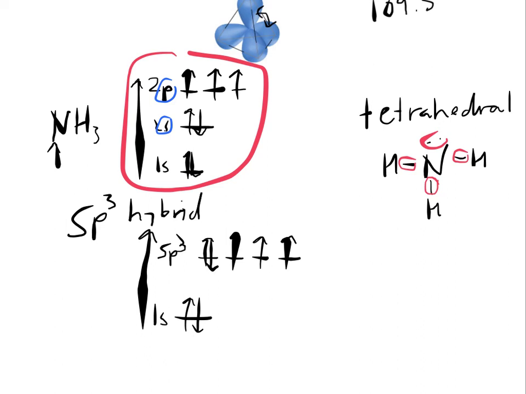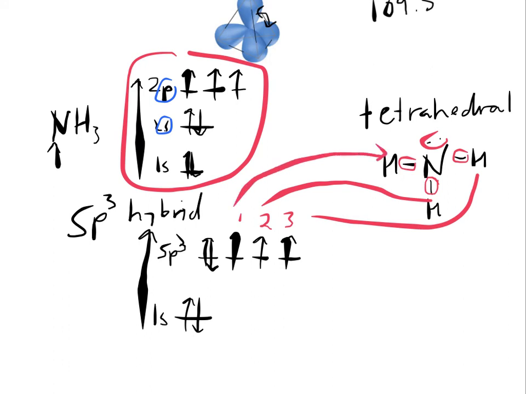And now this fits with what we would expect to see in the Lewis structure. We have 3 electrons that are available for bonding with hydrogen, just like here. And we have this lone pair that's not available for bonding but still around the nitrogen, which we see up here. So what we're kind of starting to see is now theory is starting to fit with experiment.